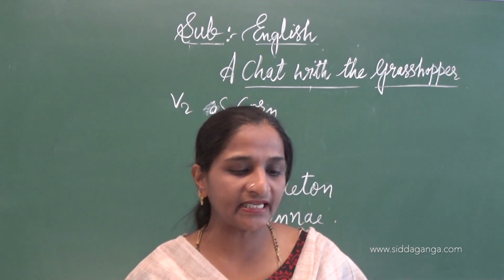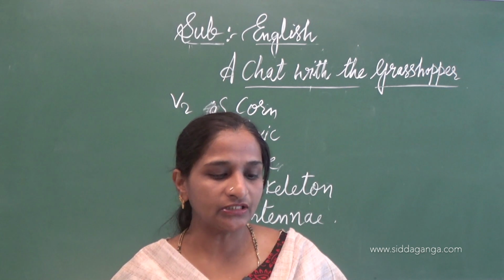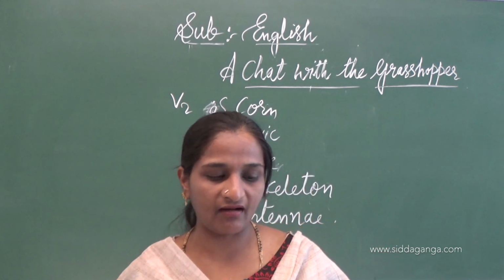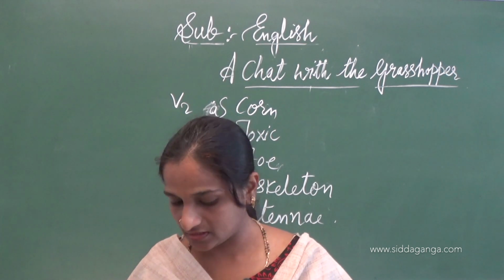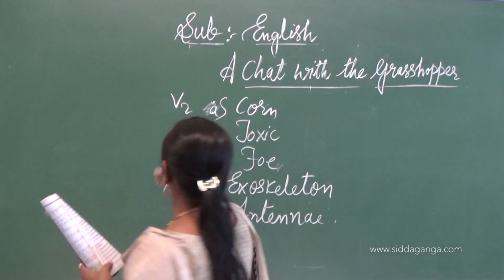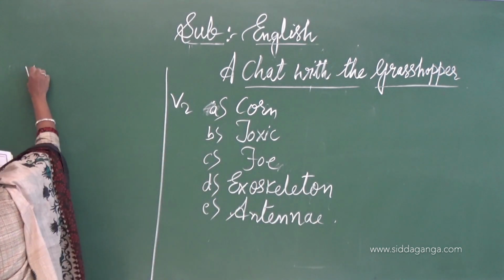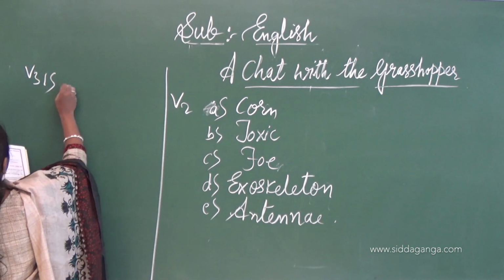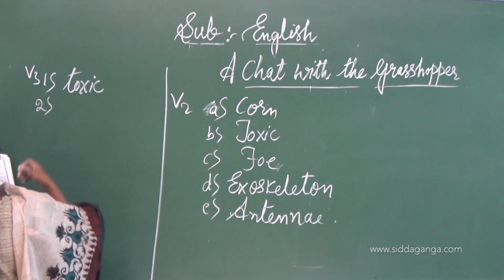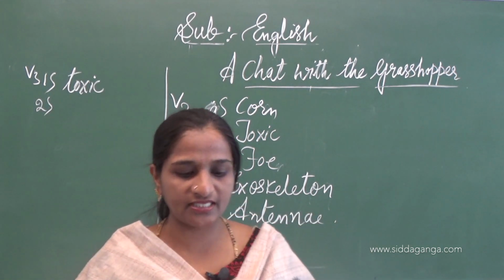V3. Read the text and fill in the blanks using the appropriate word. The two-striped grasshopper will eat plants that are dash to cattle. That is toxic. Second one, the grasshopper makes a sound of dash on a summer night.